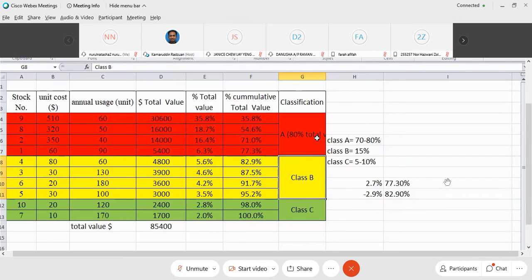To choose the item for class A, we're using 80% of total value as a guideline.